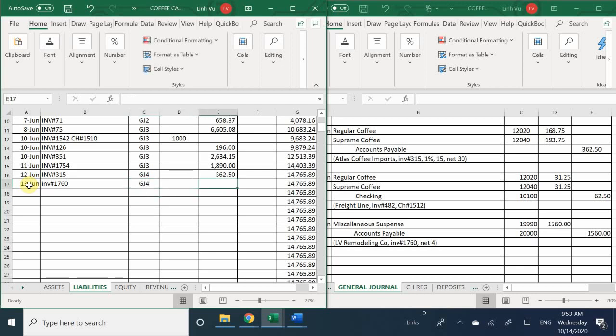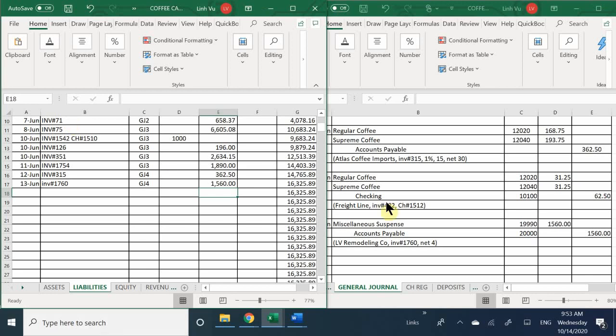And because we're increasing the amount that we owe by 1560, that's going to increase my accounts payable from 14,000 all the way up to 16,325.89. So we're owing a little too much here. Okay, so I'll give you guys a couple seconds to catch up.